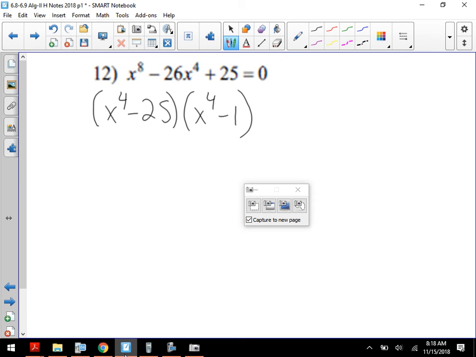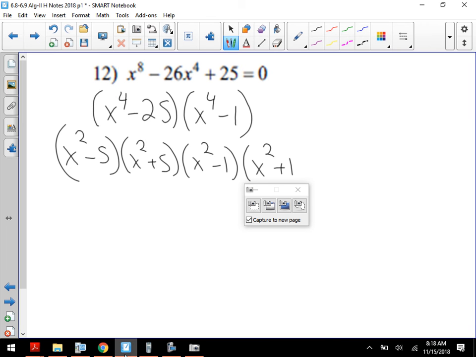Otherwise, if you wanted to use synthetic, you can use synthetic as well. You just have a whole bunch of placeholders. Now, those are both differences of squares, aren't they? So we have x squared minus 5, x squared plus 5, x squared minus 1, x squared plus 1.